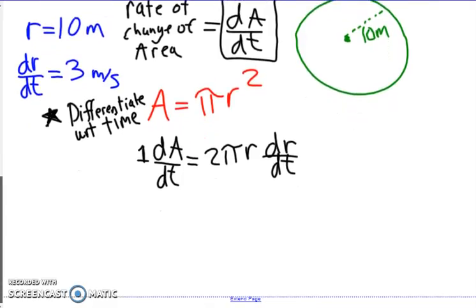At this point, we're allowed to start subbing things in, not before this point. So dA/dt is what we are trying to find, so we don't know what that is. We know our radius at this moment in time is 10, so we sub in 10 for r. And we know that dr/dt is 3.